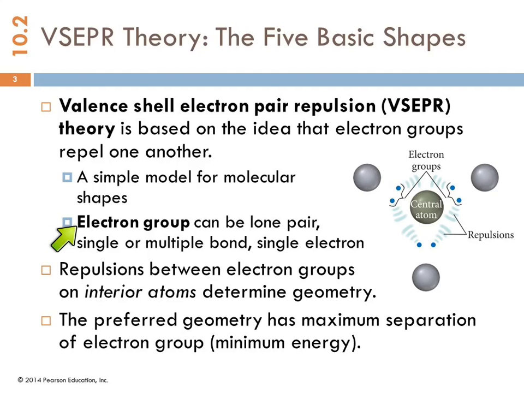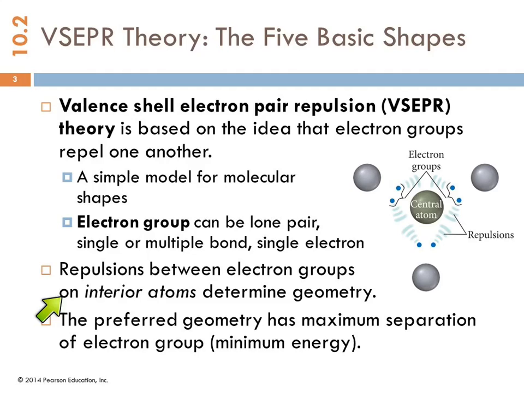When we say electron group, that can either be a lone pair, a single bond, or a multiple bond, either a double or a triple bond, or it could be a single electron. But it's an electron group. It's not necessarily an electron pair. And repulsions between these electron groups are what determine the geometry of the molecule, according to VSEPR theory.